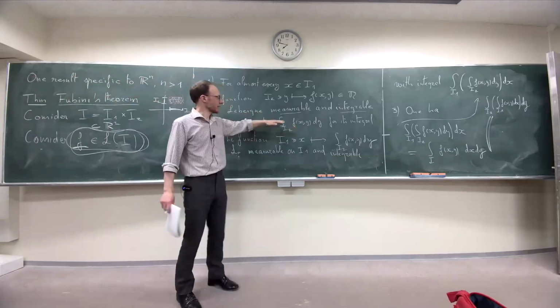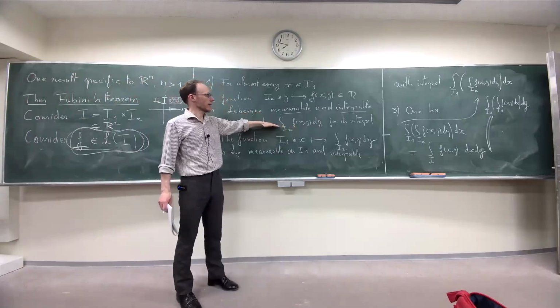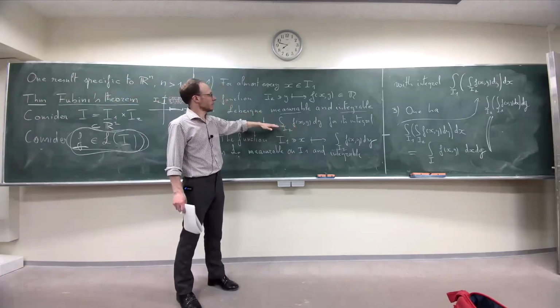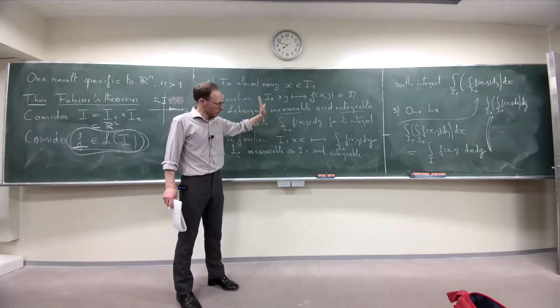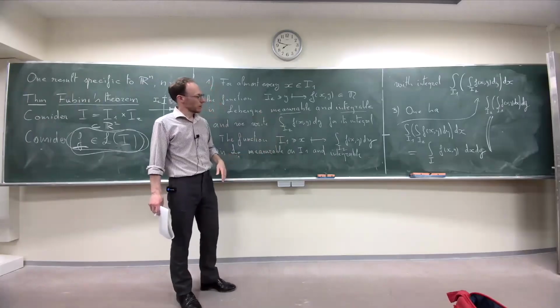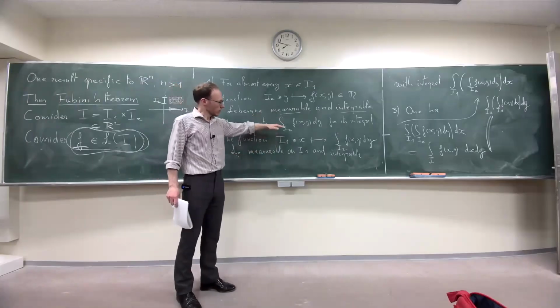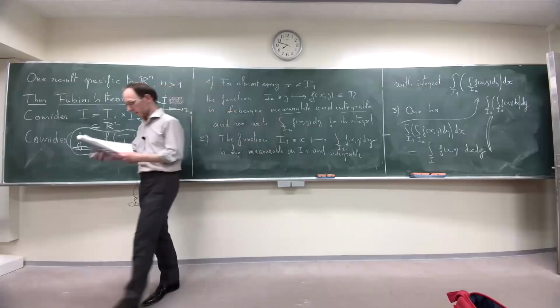I'm not saying that this integral exists for all x. It exists for almost every x, but this is sufficient because a function can be changed on a set of measure 0, so you don't care about a set of measure 0.